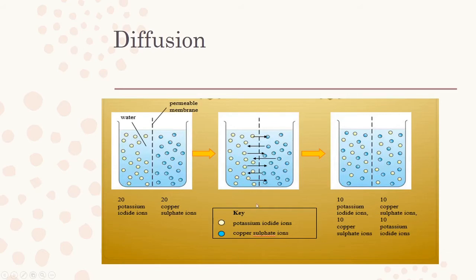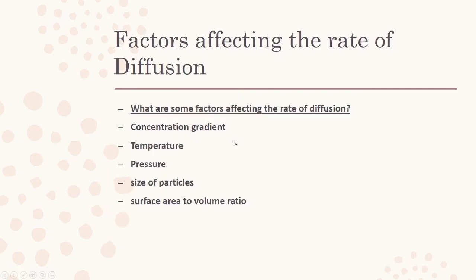So they all start to diffuse until equal amounts of both are left on both sides. See, 10 potassium iodide ions and 10 copper sulfate ions on both sides. This is obviously a permeable membrane, permeable meaning it can let anything go through it and come from it.